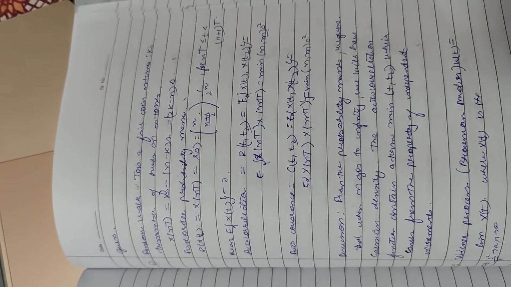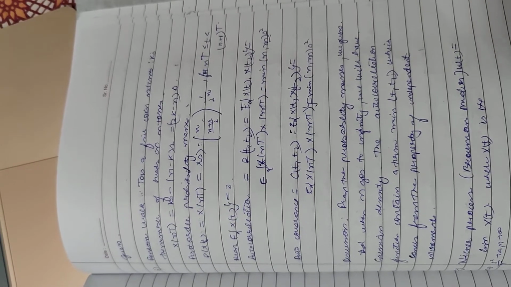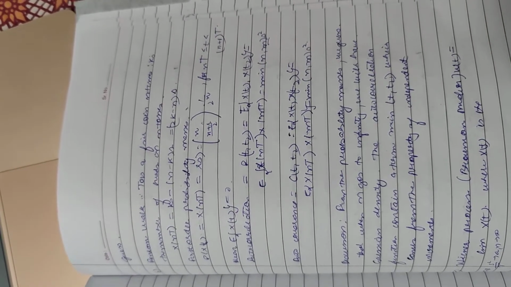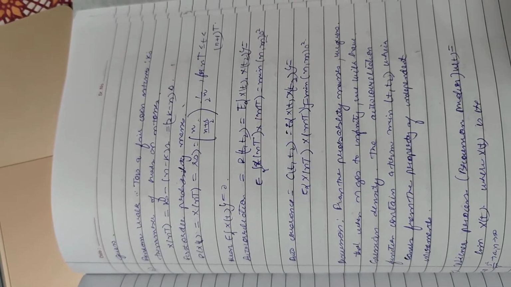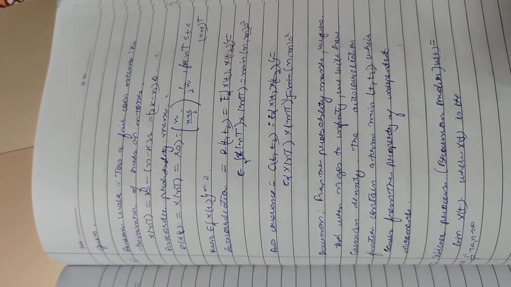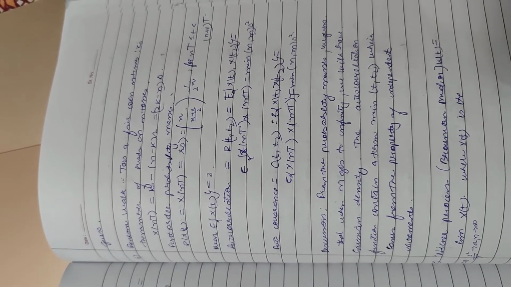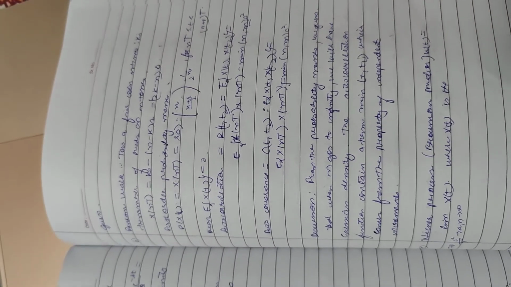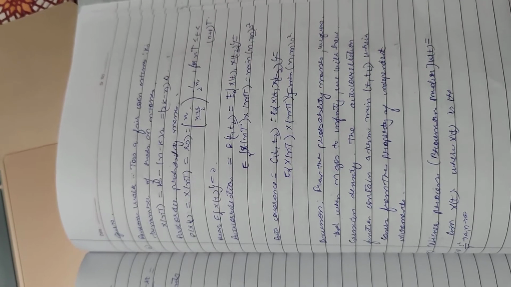Autocorrelation, expectation of x(n t) into x(m t) is equal to minimum of n, m times s square. Autocovariance is minimum of n, m times s square. So from the probability mass we can see that when n goes to infinity we will have the Gaussian density. The autocorrelation contains the term minimum of t1, t2, which comes from property of independent increment.